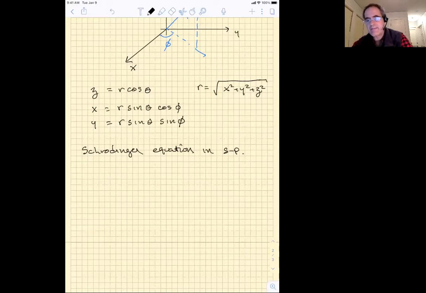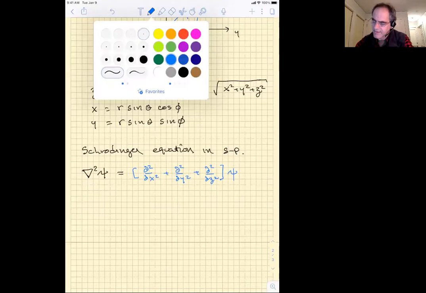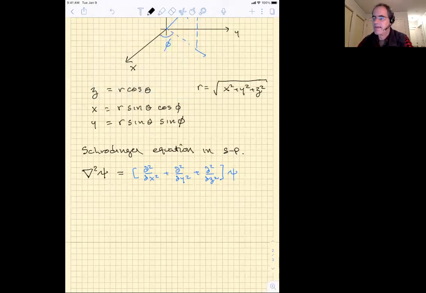It's just the way that it's expressed that has to change. And here's the rub. This term, del squared psi, which we wrote a moment ago in Cartesian coordinates, looks quite different in spherical polar coordinates. And it's a little uglier, okay?